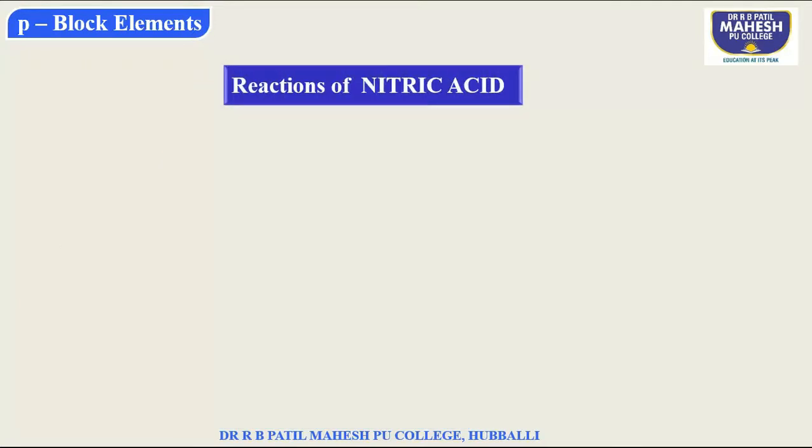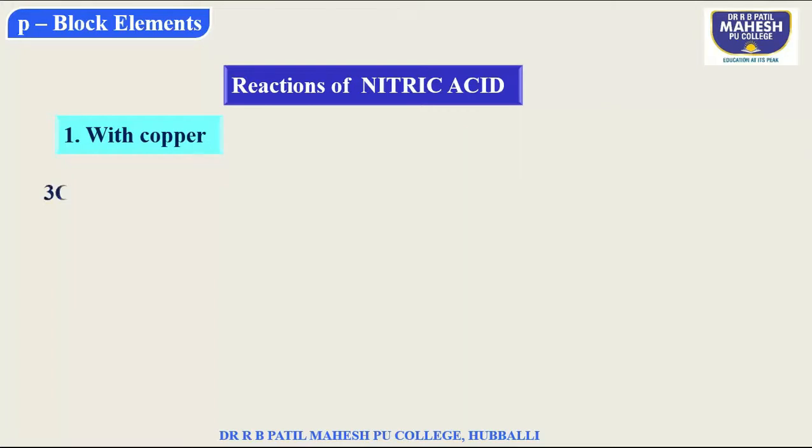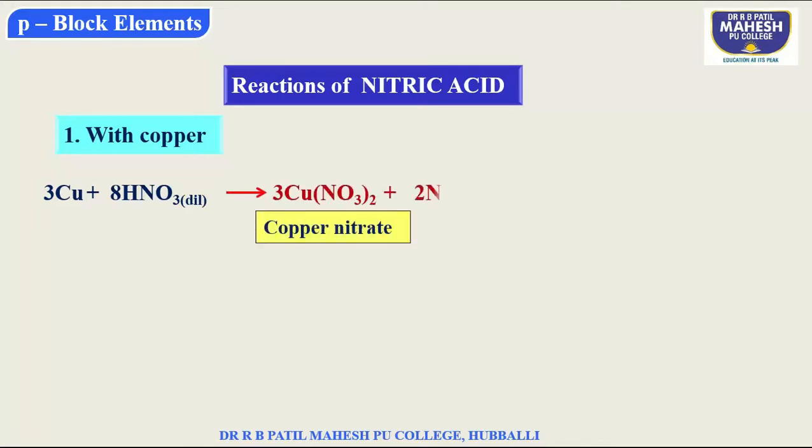Reactions of nitric acid. The first one with copper. Remember students, when a metal reacts with acid, we are going to get a metal salt as the product. Copper reacts with nitric acid, dilute nitric acid here in this case, and we are going to get the product cupric nitrate along with nitrogen monoxide or nitric oxide and water.